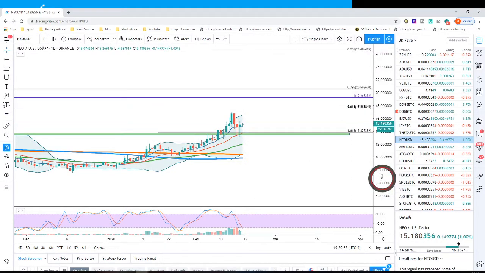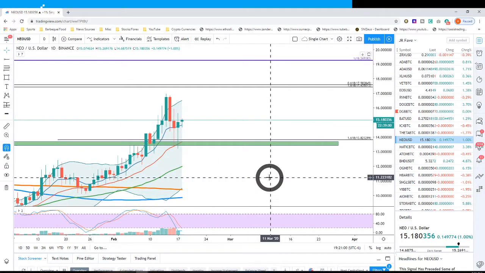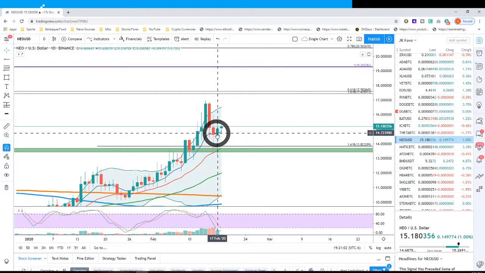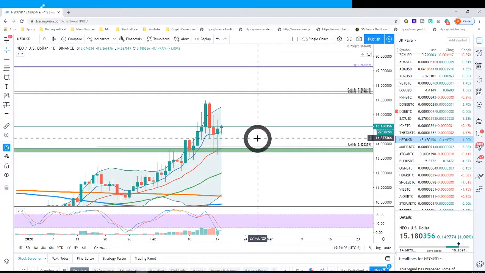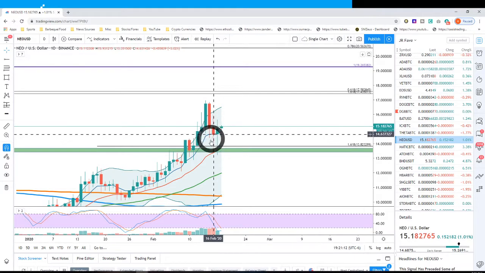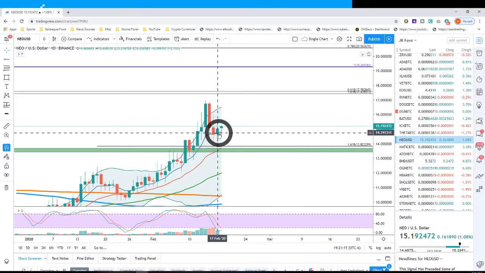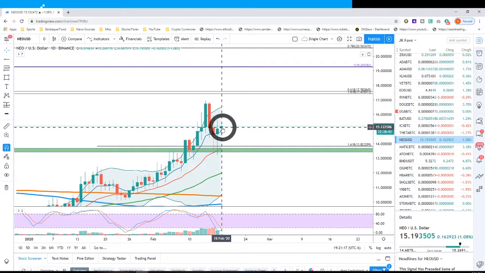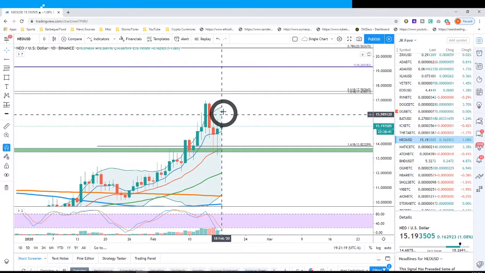Here's the other thing. We looked at this on several other charts. I haven't seen it close below the 10 EMA yet. See it? It barely probably did right there, maybe just barely, but it hugged it. And then today, right back above it, and now we're getting a bounce off of it.